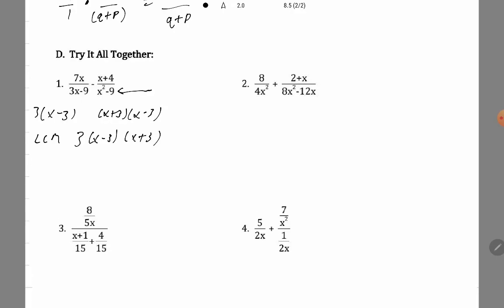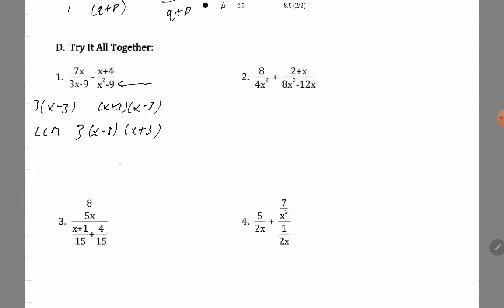So I need to multiply the first one by x plus 3. So I have 7x times x plus 3. And then the right one, I'm missing just 3. So this is 3 times x plus 4. There's a minus sign.